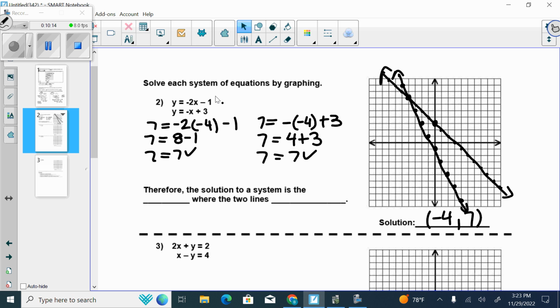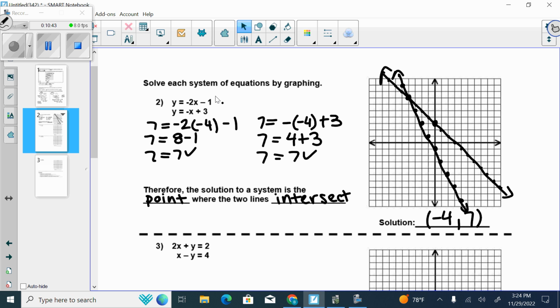So if you just graph your two lines, wherever they cross, that's going to be your answer. You don't have to work it out like this every single time. Okay? So therefore, the solution to a system is always going to be some coordinate point where the two lines intersect. So from now on, if we can just figure out where they intersect, we don't have to go plug it back in like we did here.